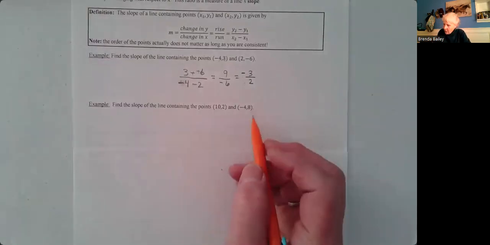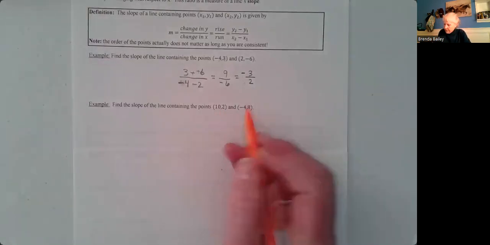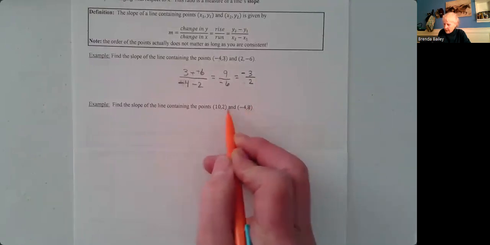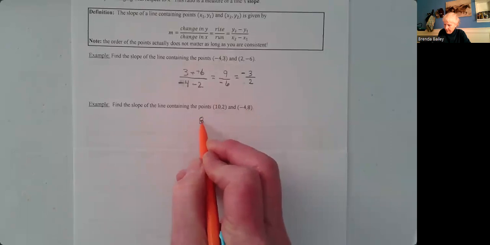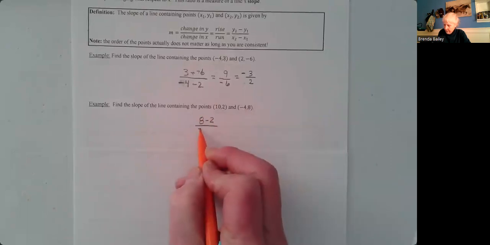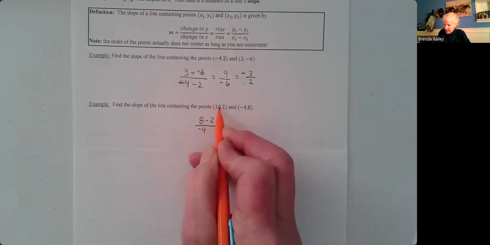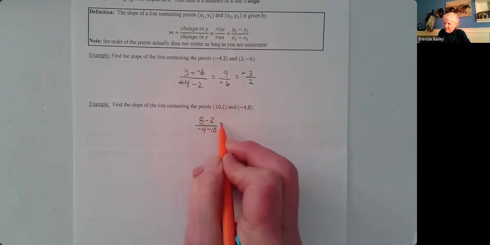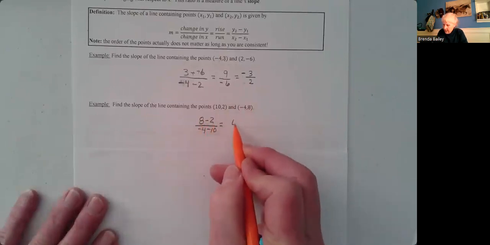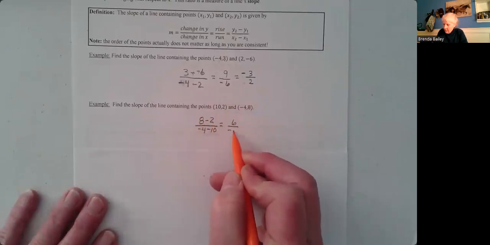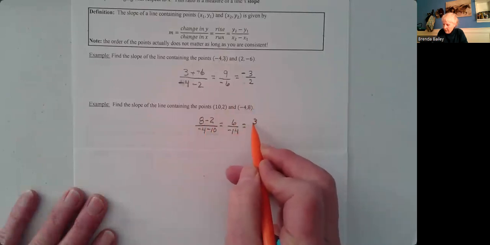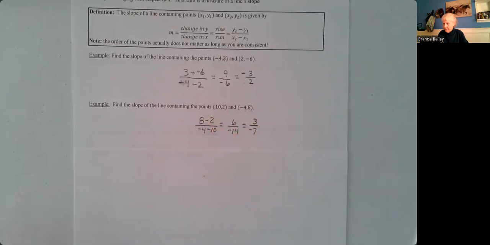All right, let's find the slope containing these 2 points. So I'm going to start with the 8 this time. So I'm going to go 8 minus 2, over -4, subtract 10. Okay, when we do this, we'll come up with 6 over -14, which has to be reduced because 2 goes into both of them.